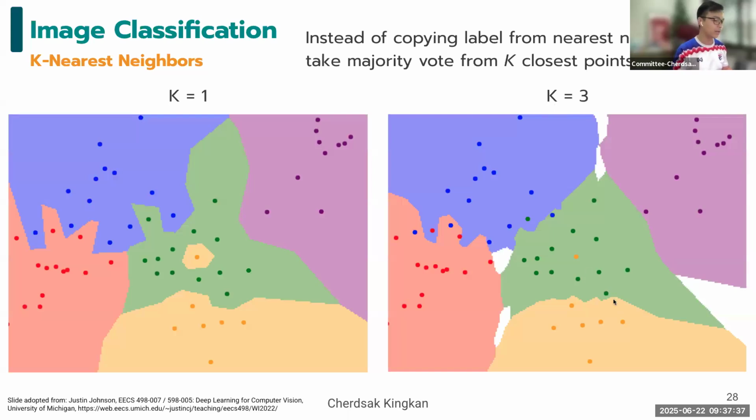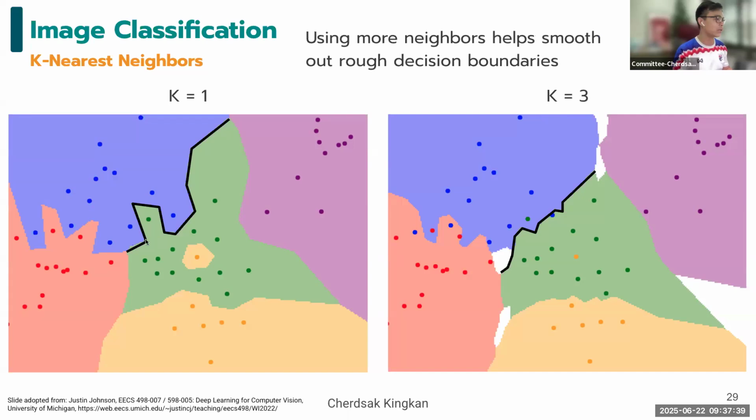As you can see here, we get a much smoother boundary between different classes.